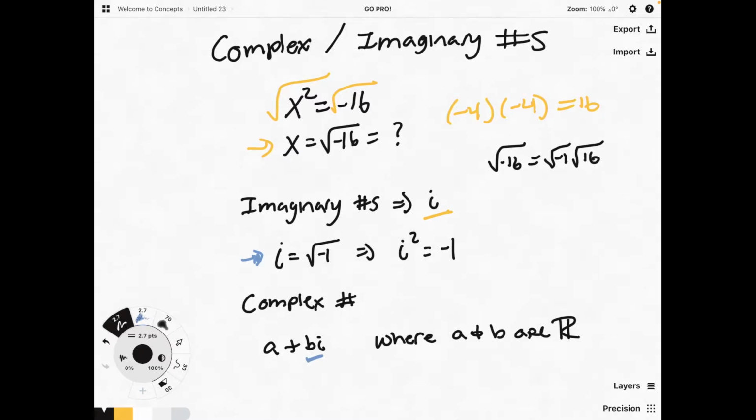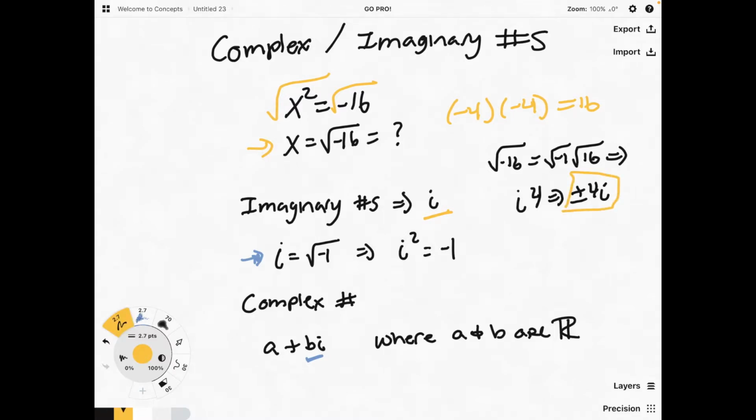Using our imaginary number rules, we see that the square root of negative 1 is equal to i, so we can move an i out in front, and we know that the square root of 16 is 4. Therefore, we know that this answer is equal to plus or minus 4i. And this is our answer.